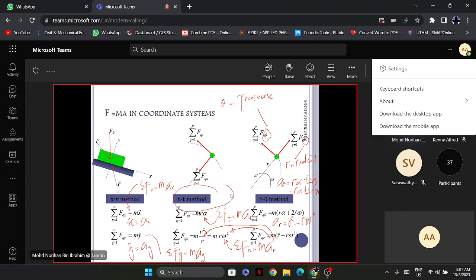Itu sekiranya ia melibatkan the application of the R theta coordinate system.